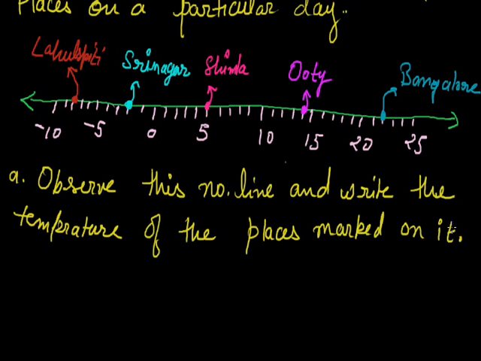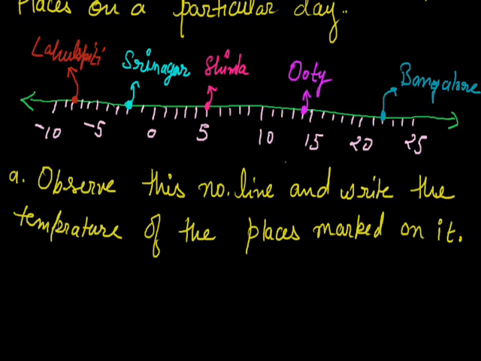different places. Now if we carefully see this number line, here you can see this point represents 0, then 1, 2, 3, 4 and the fifth division represents 5 degrees centigrade. That means each division is representing 1 degree centigrade.